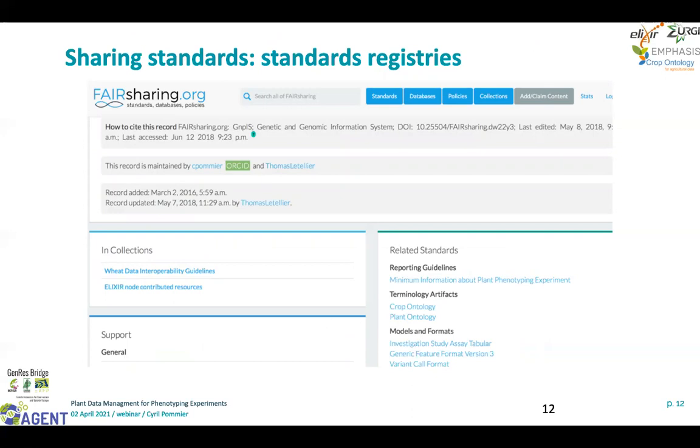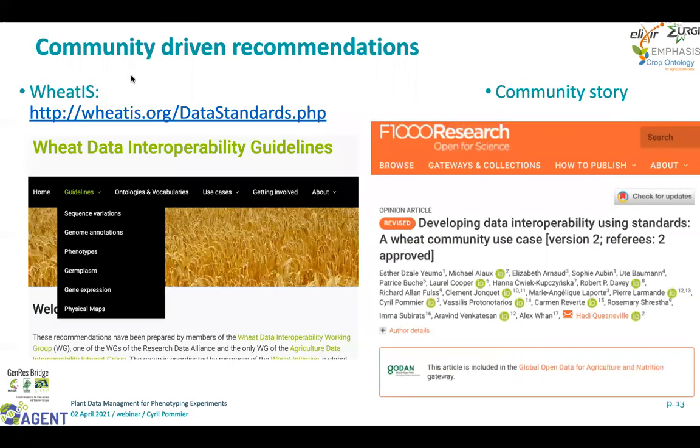So I would like to draw your attention to standard registries, such as FAIRsharing, which is slowly getting to the position of the reference for standard registries, in which you've got a collection guide of guidelines and standards. Likewise, there is a community-driven recommendation list of standards, such as the one built for the WIT-IS, available on witis.org. And the history of how this list of standards has been built is summarized in this paper.